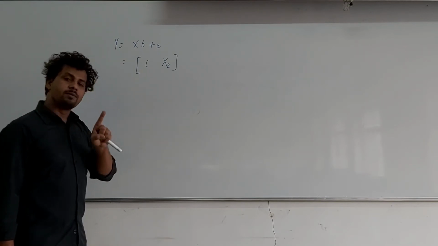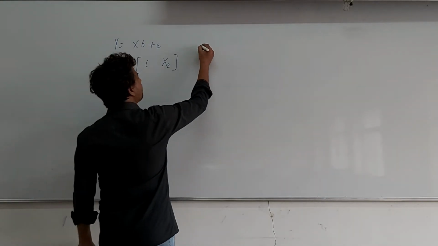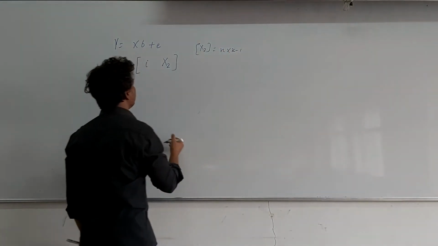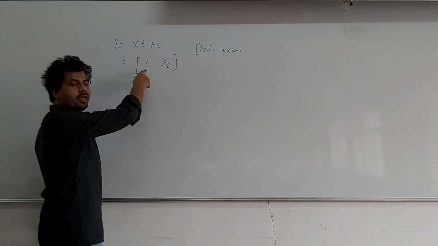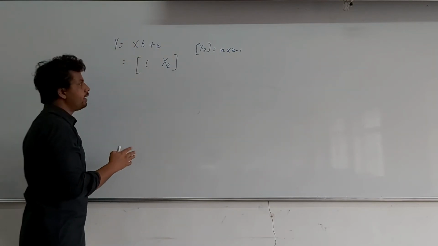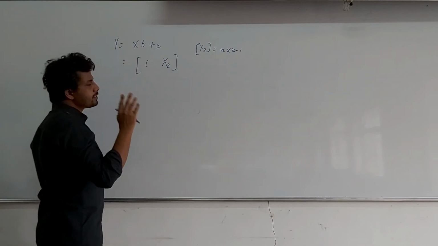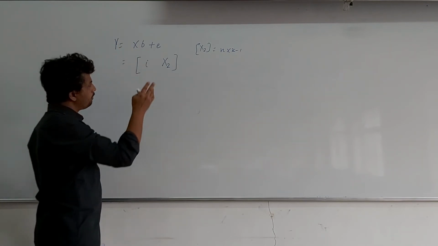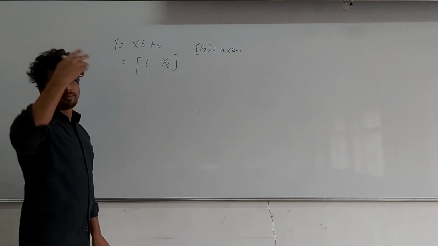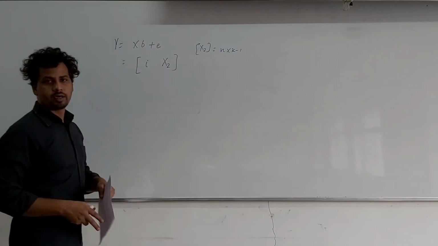So this X2 will still have n observations, but it will have k minus 1 columns. So what is the dimension of X2, the remaining values of the data matrix? It will have n by k minus 1. And what is the dimension of this? n into 1. So we have partitioned it column-wise. The only thing you have to remember is that a matrix partition can be done as long as, when you sum the components of the partition matrices, the number of columns or rows through which you have divided the matrix equals that of the actual data matrix.